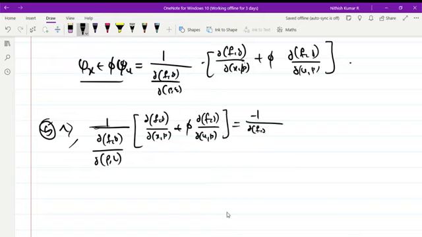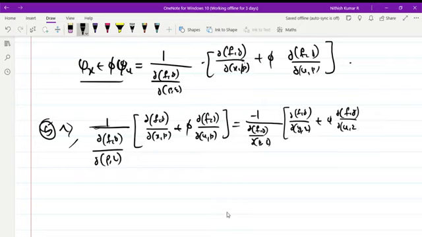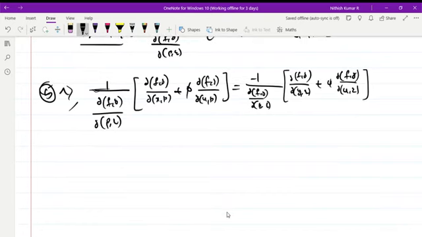So we got two expressions of equation 5. We got the left hand side expression as well as a right hand side expression, one is this and another one is this.